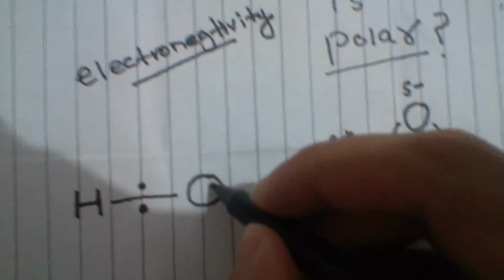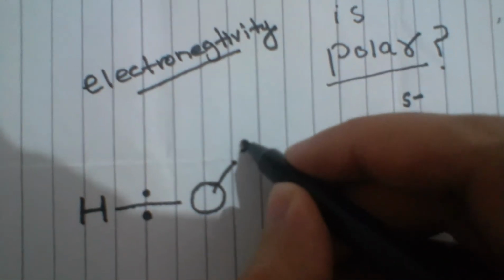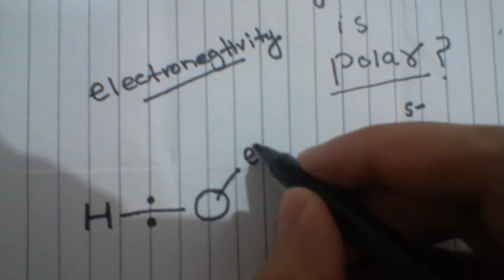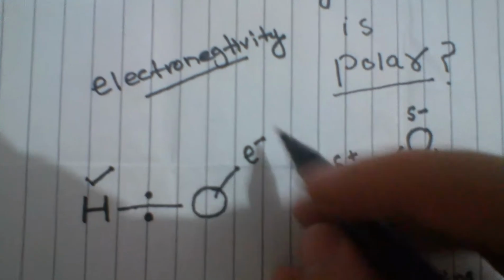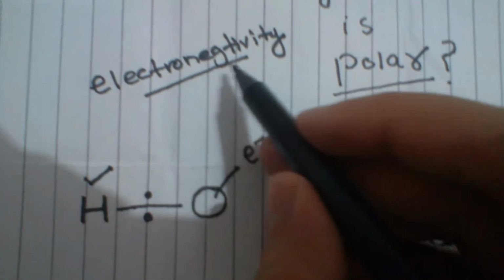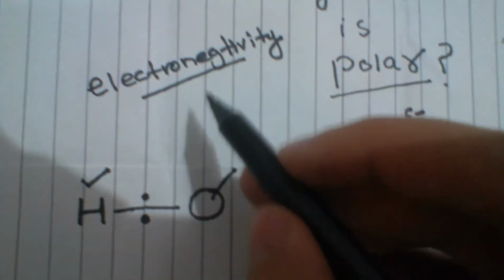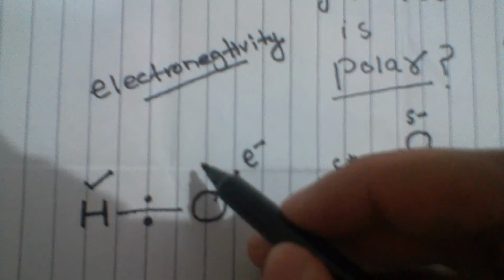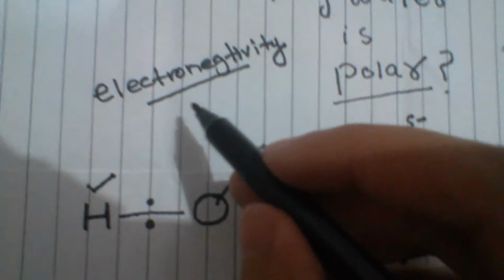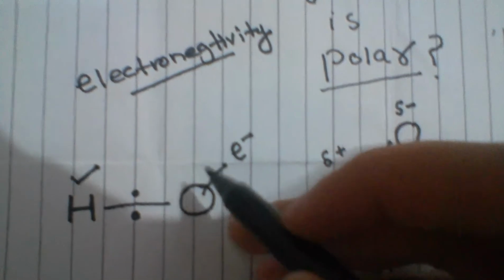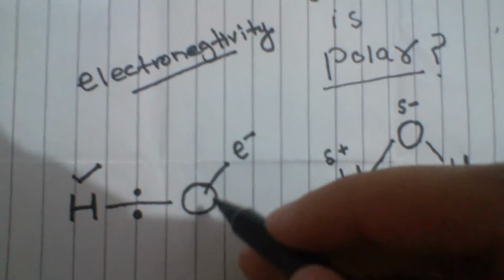As oxygen is more electronegative than hydrogen. And we defined electronegativity as the ability of an element to attract electrons towards itself. Oxygen is more electronegative than hydrogen.